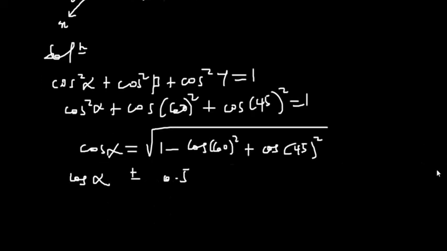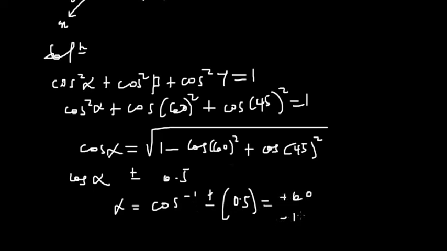To know whether to use the positive or negative value, let's first find alpha. Alpha is equal to cos inverse of plus or negative 0.5, which is positive 60 degrees or negative 120 degrees.